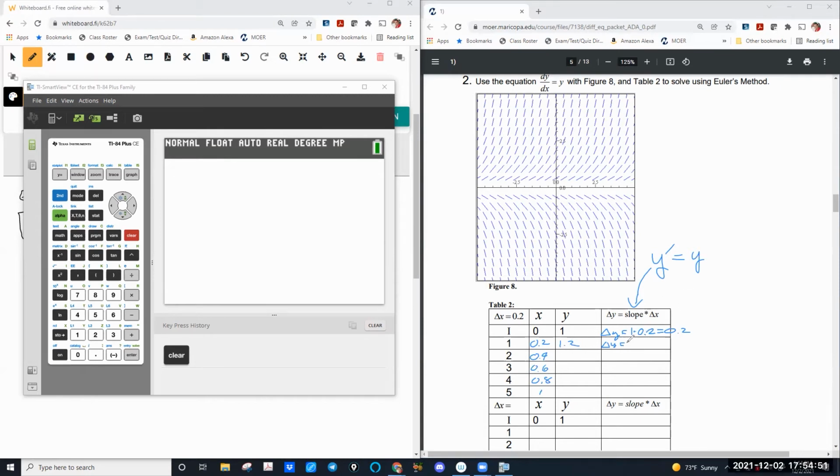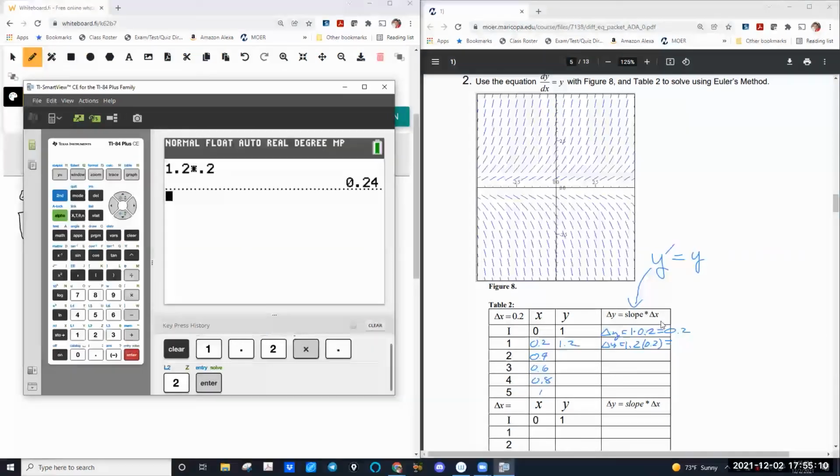So our slope here is 1.2, and that gets multiplied by 0.2. 1.2 times 0.2.